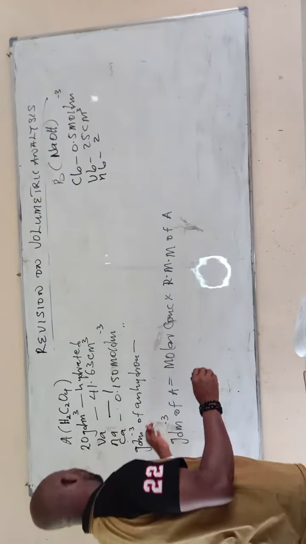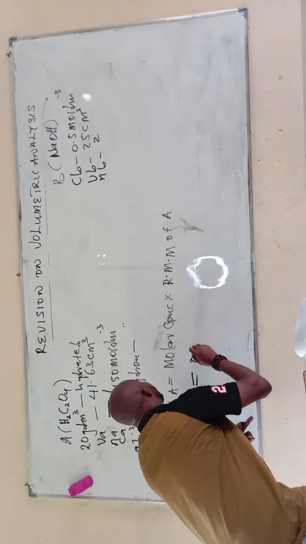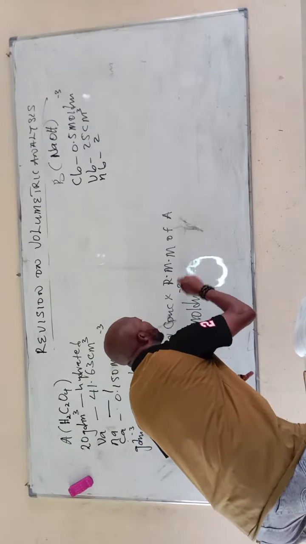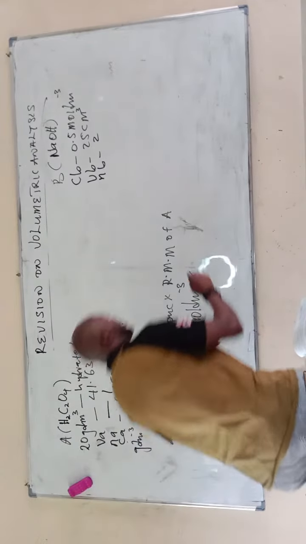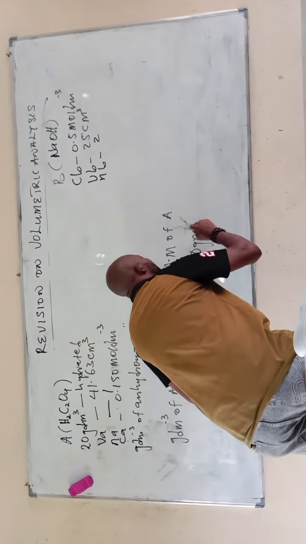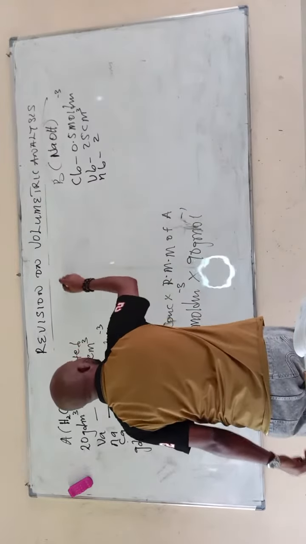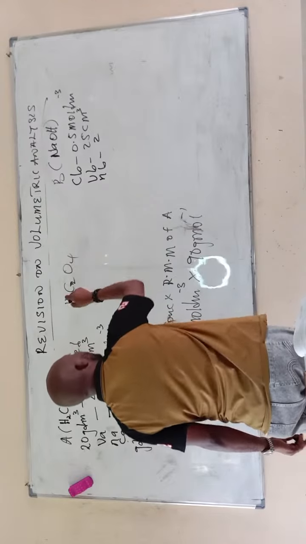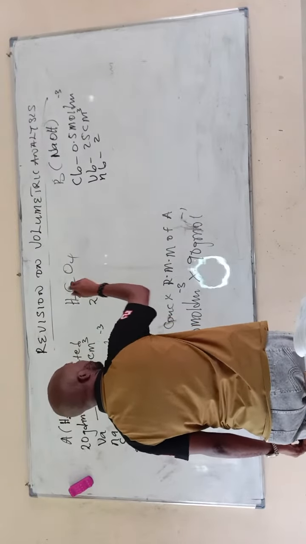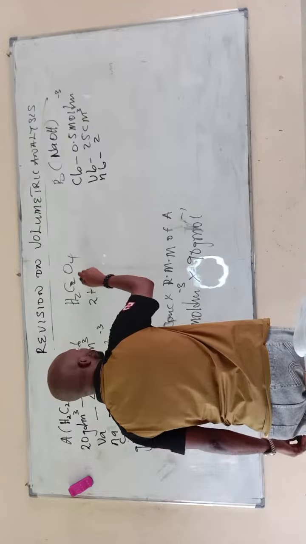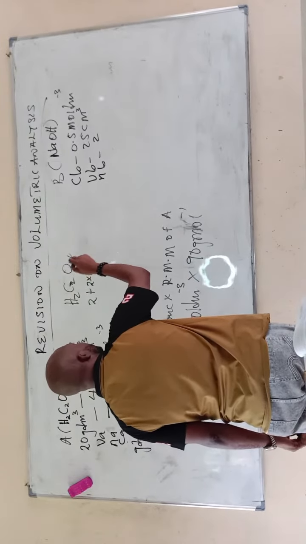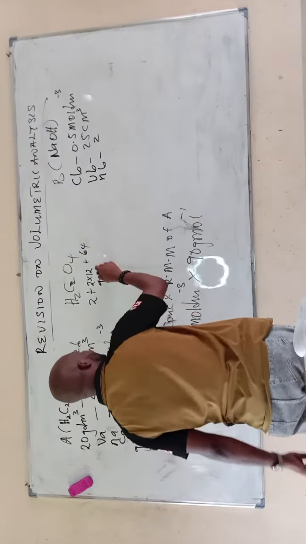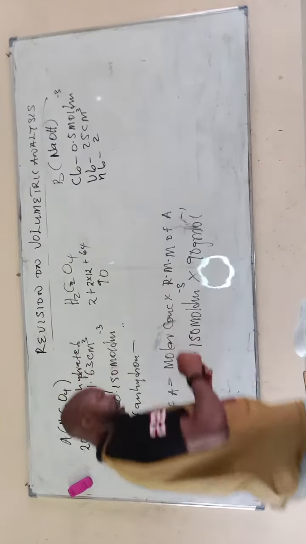The molar concentration of A is 0.150 mole per dm cube times the relative molecular mass, which is 90 g per mole. How do we get 90? The question will always come. H2C2O4. Hydrogen is 1 times 2 is 2. Carbon is 2 times 12, which is 24, plus oxygen is 16 times 4, which is 64. If you add all of that, you have 90. So that is how we got that.